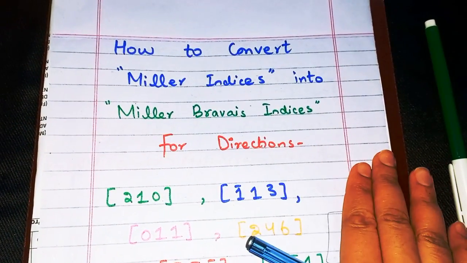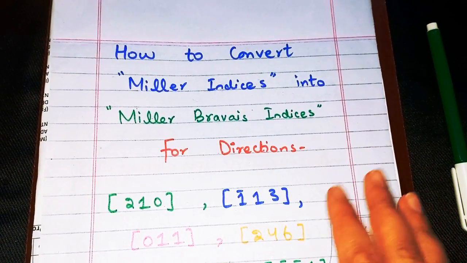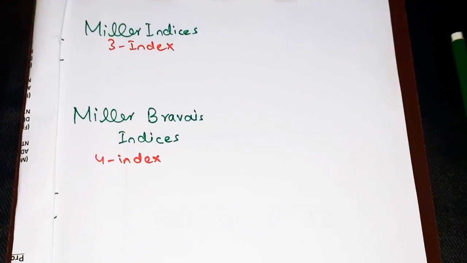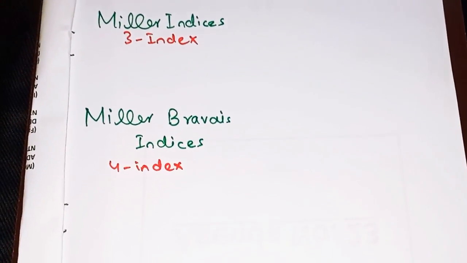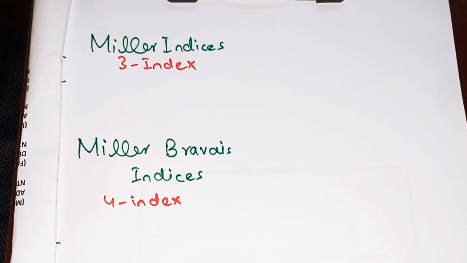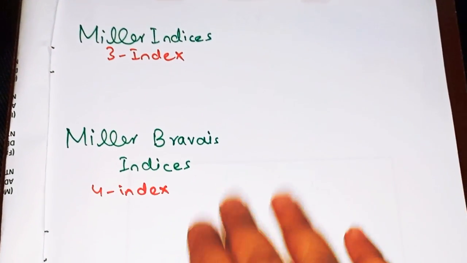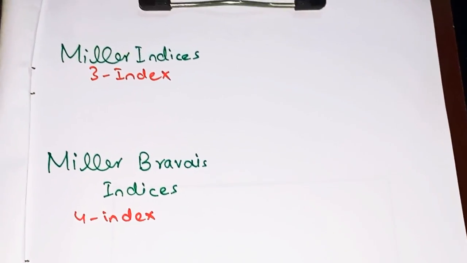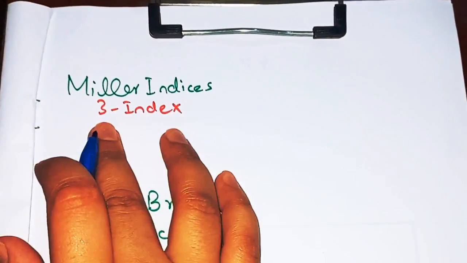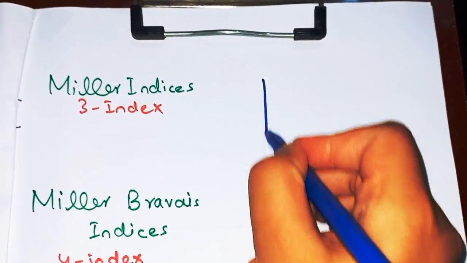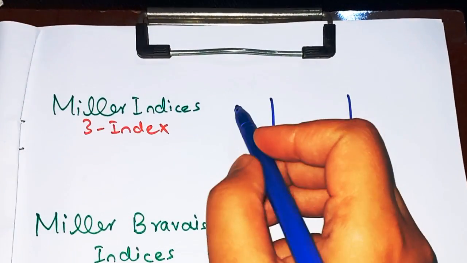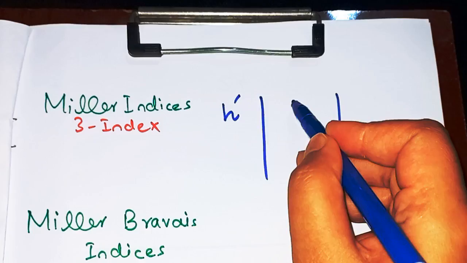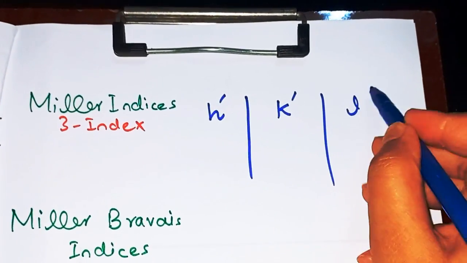First of all, we should clarify the notation that we are going to use for Miller indices and miller-bravais indices, because we are doing that transformation and we should stick to that notation throughout, and you can use your own. It's totally optional. Since Miller indices are a 3-index system, we'll have 3 indices. I'll represent the first index by h prime, the second by k prime, and the third by l prime.